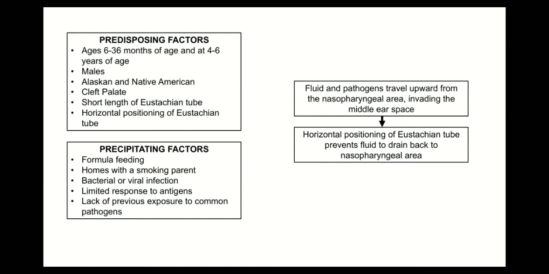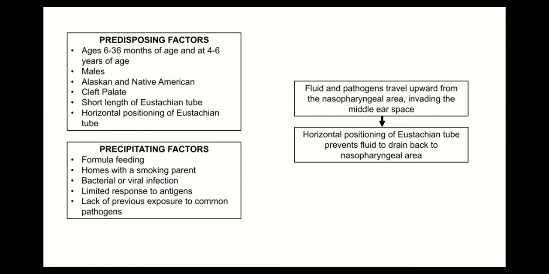The positioning of the eustachian tube in children is different than in adults. And the eustachian tube in children is much smaller and wider. So it's not able to be as effective as a drainage system for fluids that will most likely travel from the nasopharyngeal area to the middle ear space.